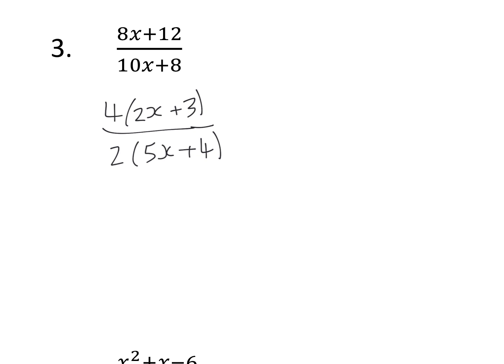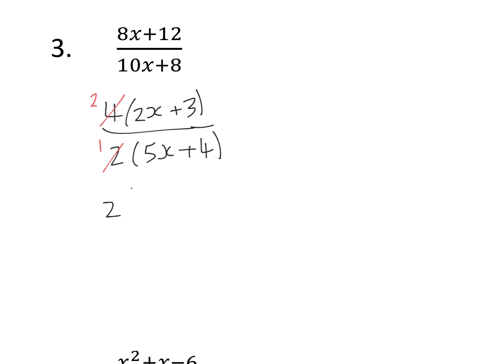So now the factors are 4, 2x plus 3, 2, and 5x plus 4. Now these two aren't the same, so they won't cancel out, but I can cancel out these by dividing top and bottom by 2. 4 divided by 2 is 2, and 2 divided by 2 is 1.